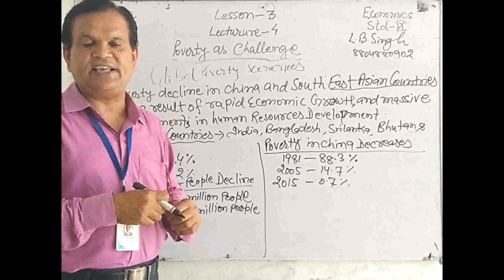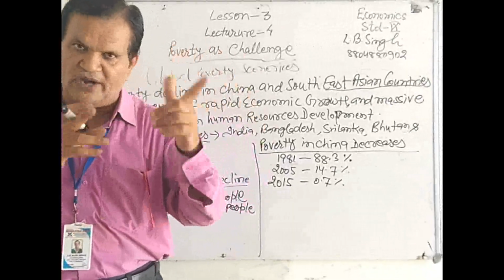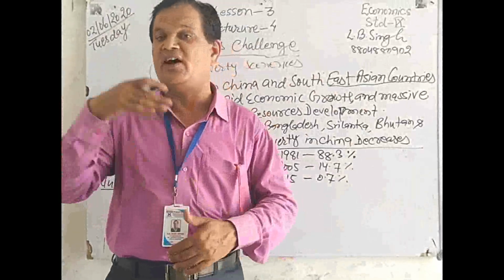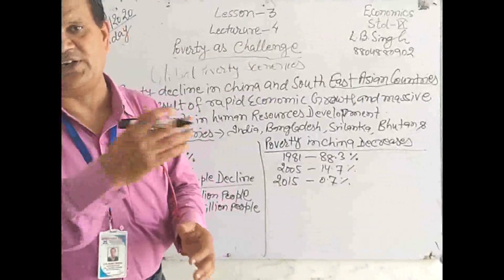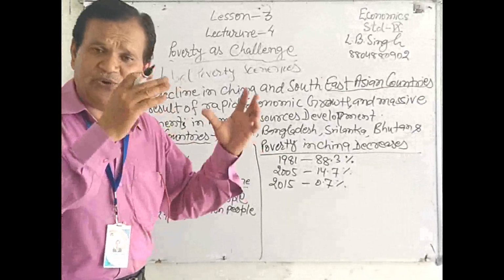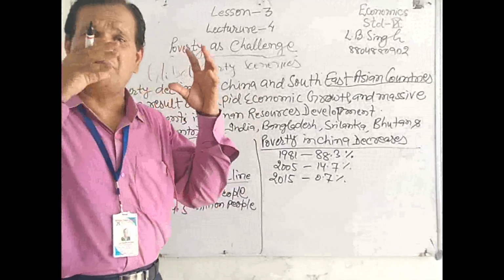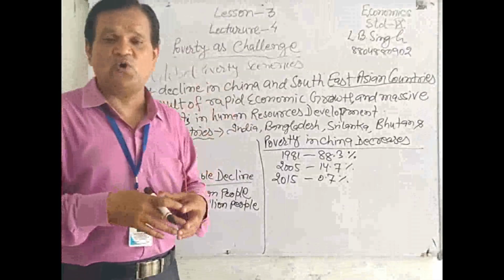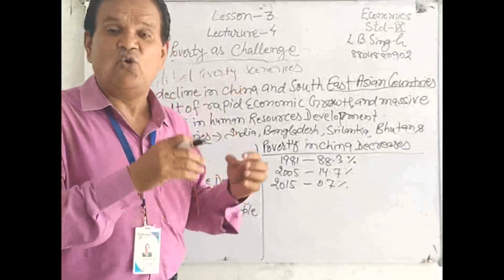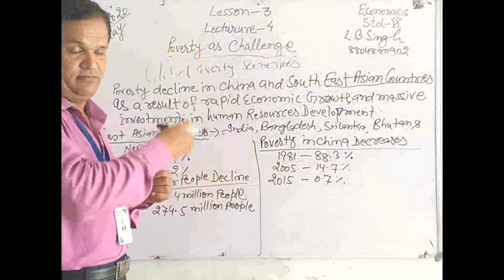Do you know this thing? Before 1947, that means one term is used, pre-independence and after independence, that means post-independence. Before independence, do you know this thing? Indian people were compelled to produce cotton, indigo and other things which were good raw material for Britain.